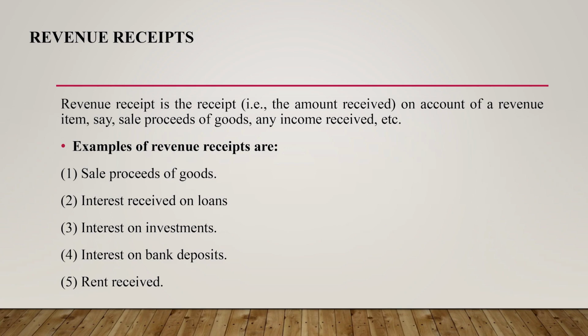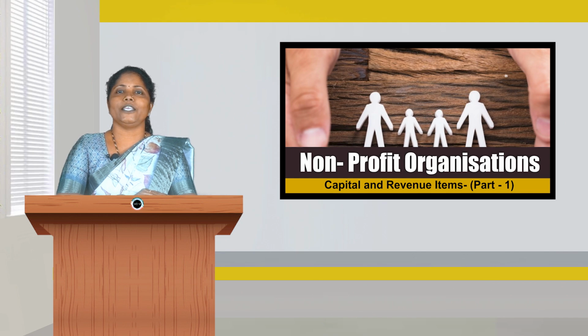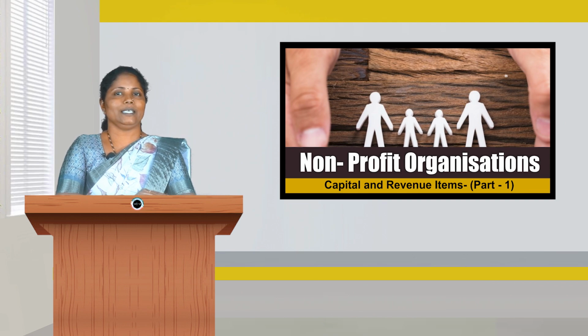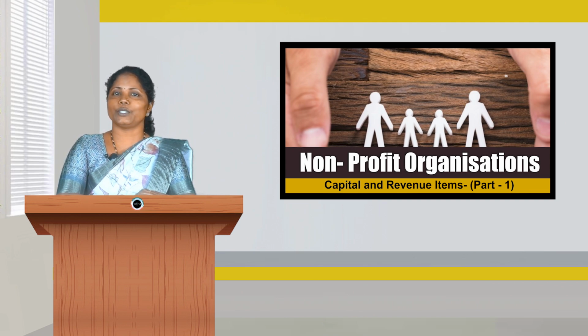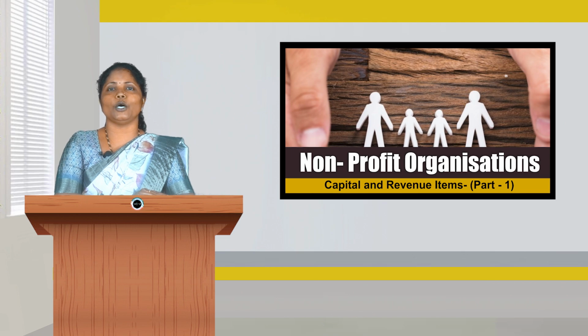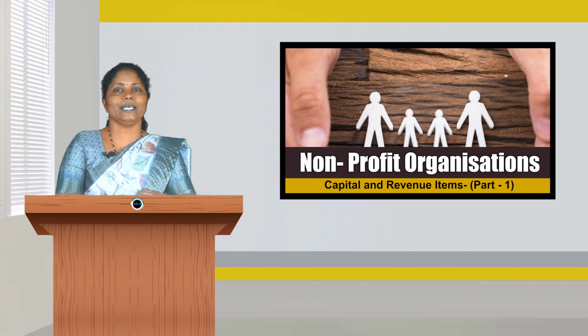So such interest is also considered as revenue receipt. And if we let out any building on rental basis, we are going to receive the rent on a repeated basis, so the rent received on buildings or any other let out assets will be considered as revenue receipt.